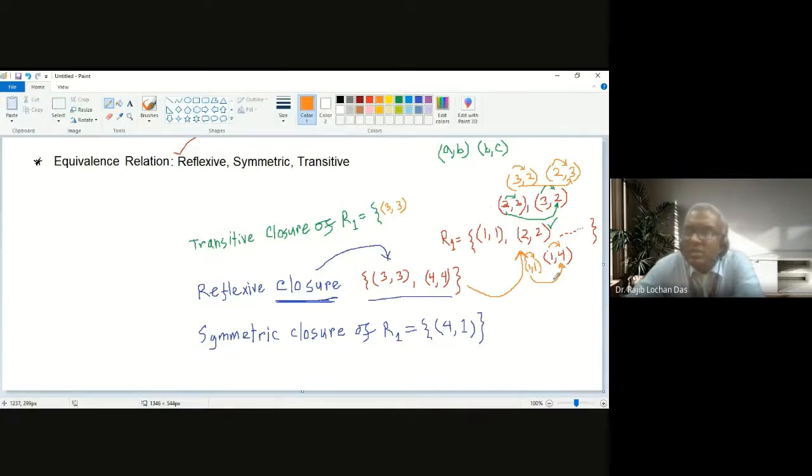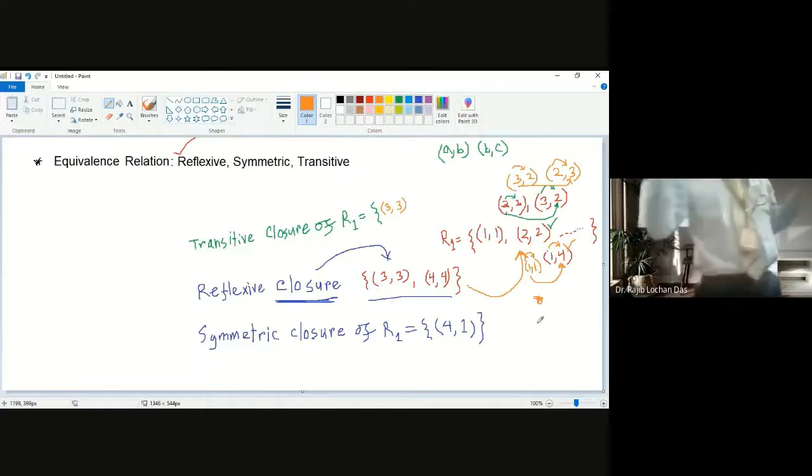Yes, it is included. This is 1, 4, isn't it? So fine. If you consider 1, 4 as the first one, then 4 something? No. Okay. Then do you have any other pair? Check.